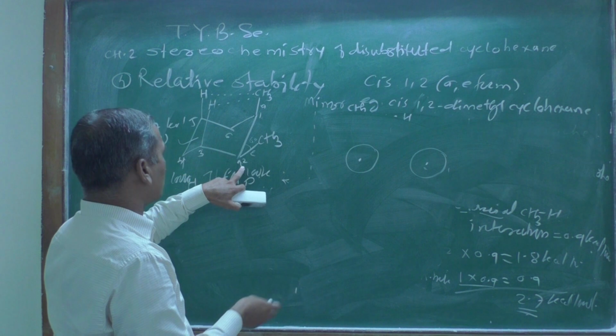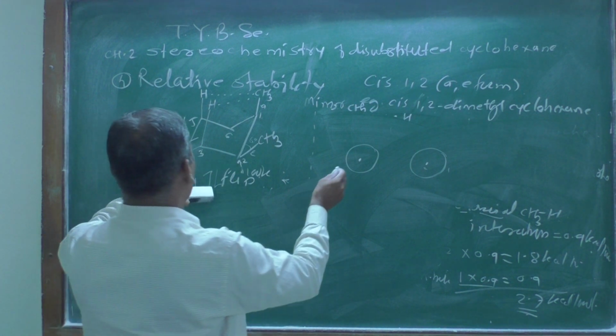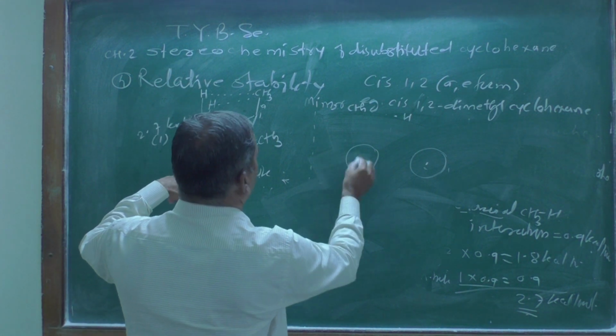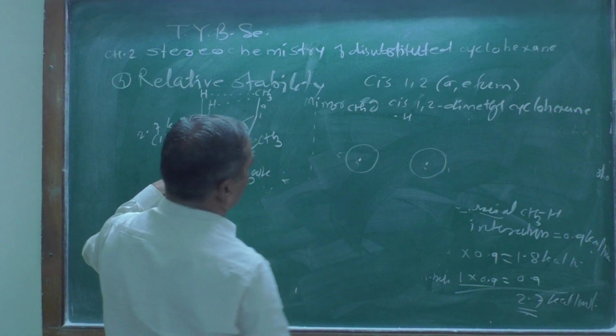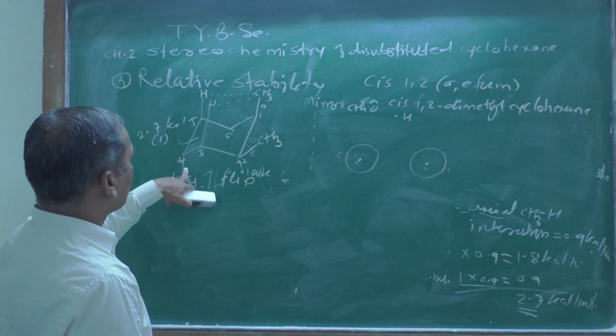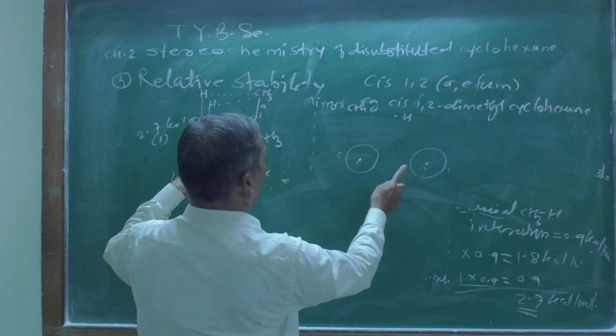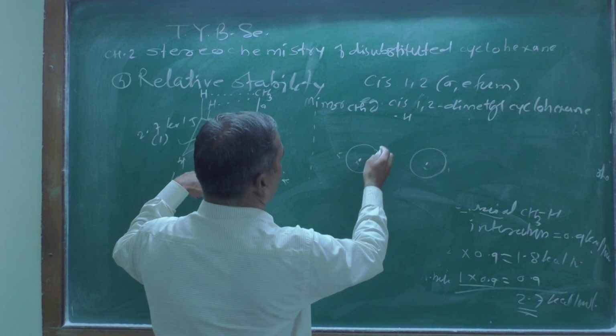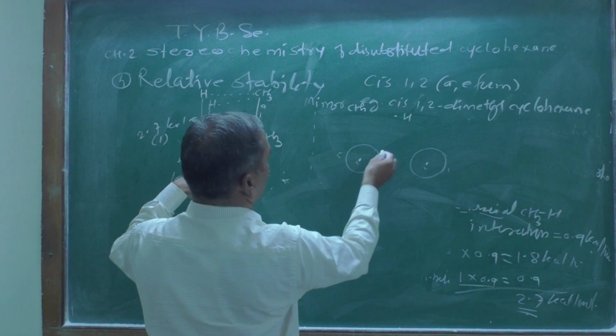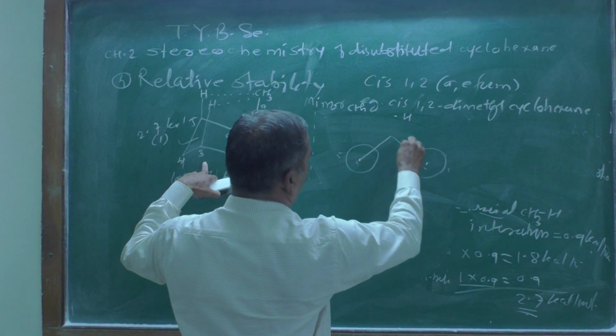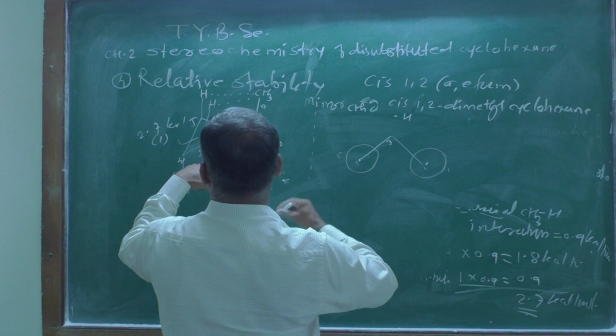Remember, imagine this one. And now this is carbon number 4, and this one you can call carbon number 5. Now carbon number 2 and carbon number 4 are joined by one group, there you can call it 3.